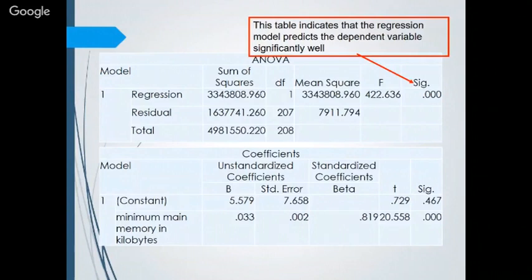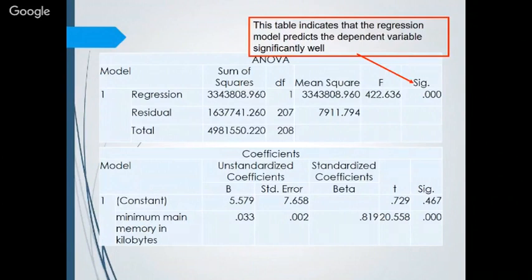Here, against the variable minimum main memory in kilobytes, the significance level is 0.000, which is less than 0.05. So we can go ahead with this variable. That indicates the slope estimated by the model is really there.